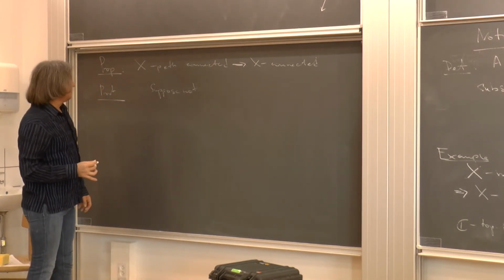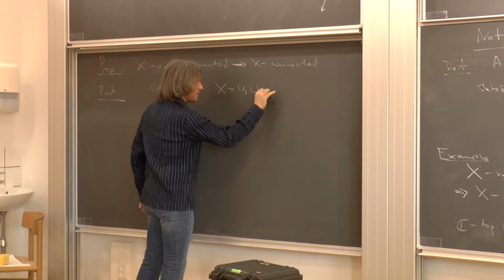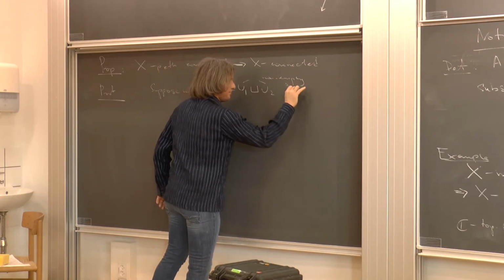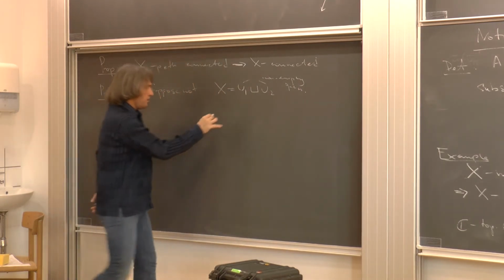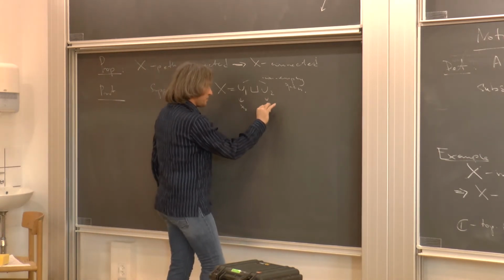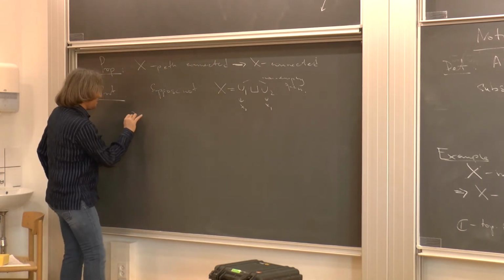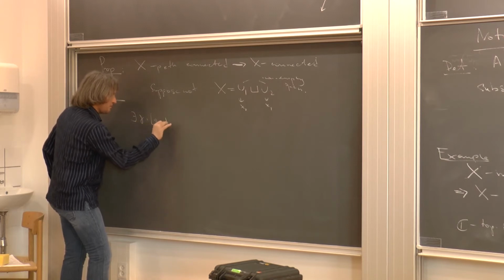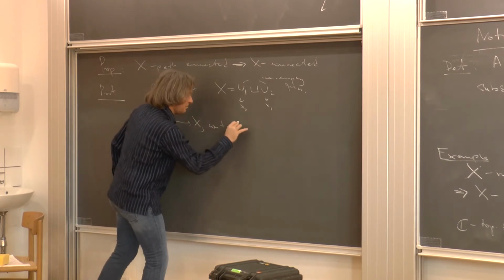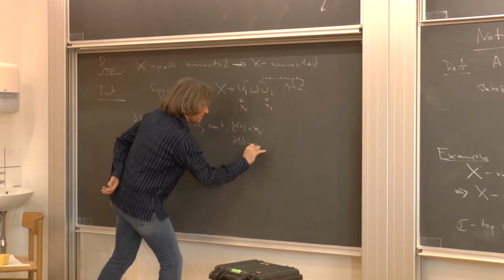And we have X realized as a union of two non-empty open sets. So take our favorite point x0 here and our favorite point x1 here. By definition, there exists gamma continuous from the unit interval to X with gamma of 0 being x0, gamma of 1 being x1.